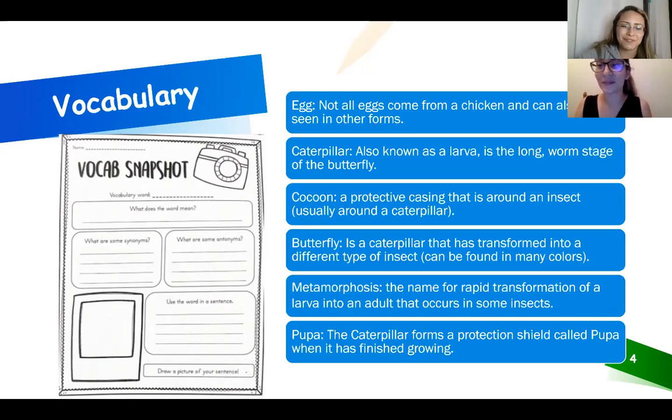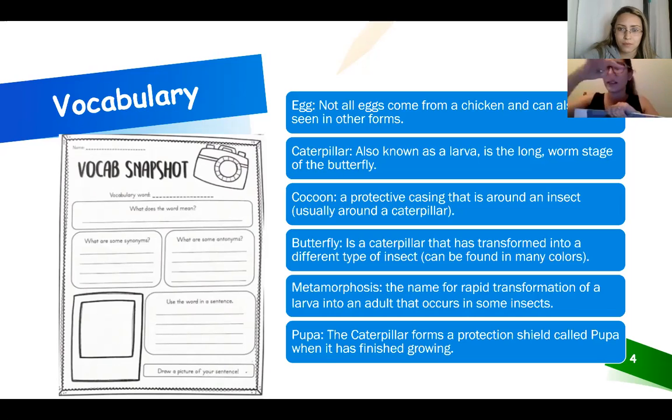So continue. Okay, so now I'm just gonna go ahead and go over the vocabulary words for everyone. Egg. Not all eggs come from a chicken and can also be in other forms. So here in the book, we saw that the egg was teeny tiny, not like the eggs you eat at home when you make scrambled eggs, sunny side up eggs.